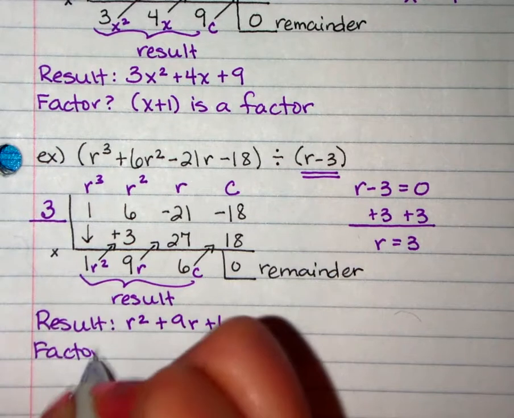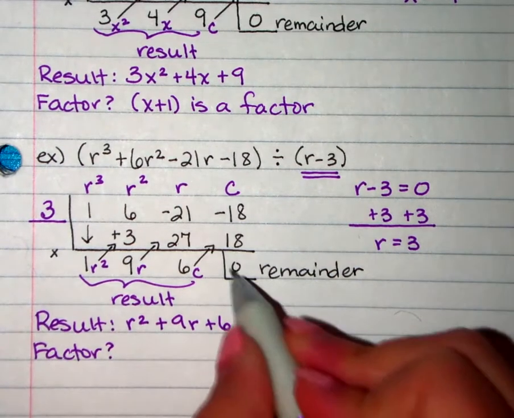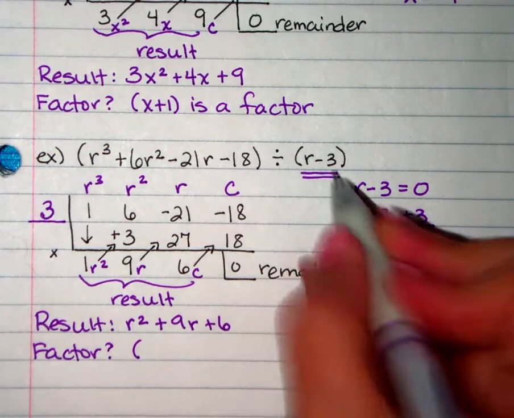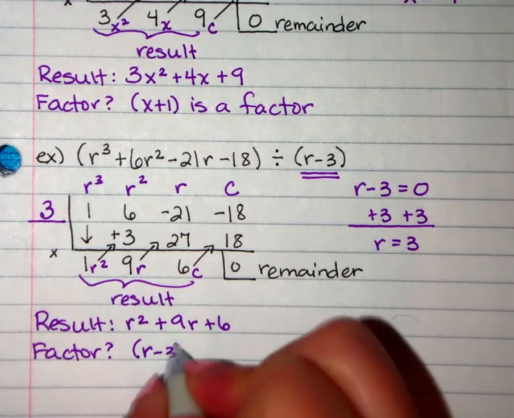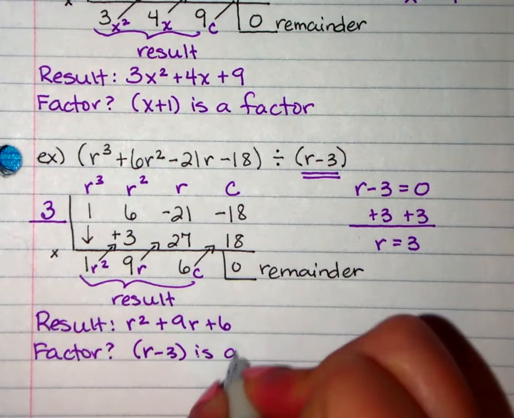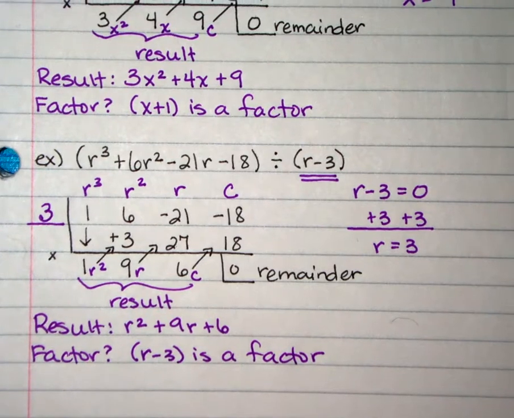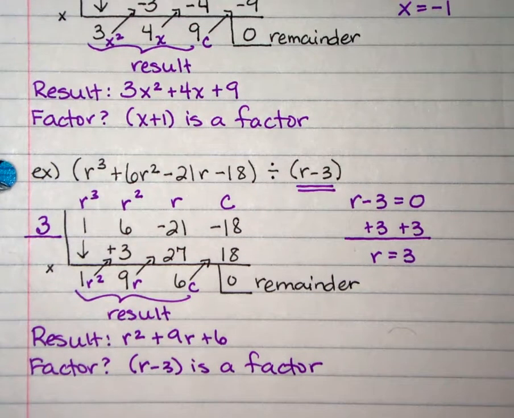So this was two examples where both of our synthetic divisions came out to be factors because we had no remainder. But it was just an example to show you the process. In the next set of examples, we're going to talk about binomial factors which are not factors.